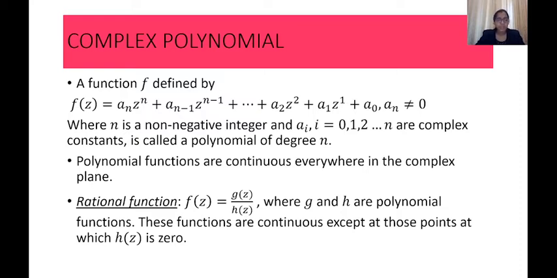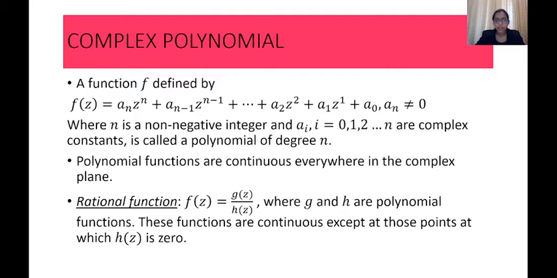Now we have a definition of a rational function, that is f of z is equal to g of z by h of z, where g of z and h of z are polynomial functions in the complex case. Here this is defined, or continuous, if h of z is not equal to 0.